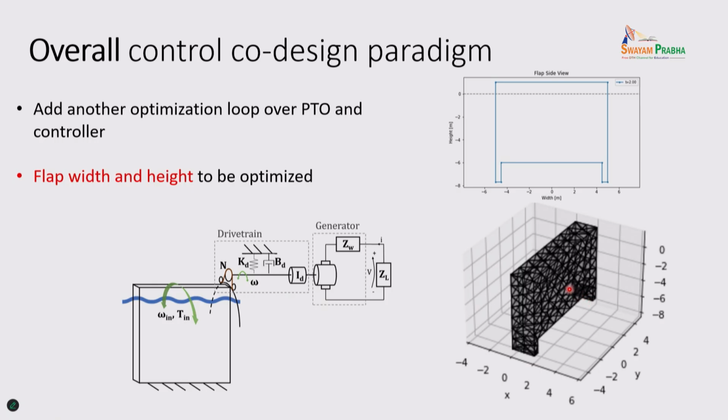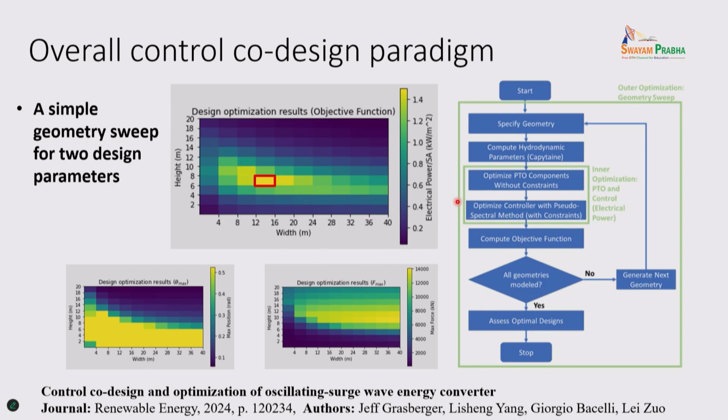We can also do further optimization in which we consider the geometry design. For example, in this one, we consider the flap's width and height in the system, and we take a two-loop design. In the first loop we design the PTO's rotation inertia, the PTO's damping, and the electrical gear ratio, considering the coupling coefficients and the transmission ratio.